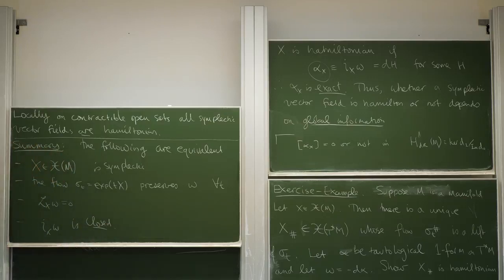So that's what we've now learned about symplectic vector fields. There's a bunch of equivalent definitions, and we further learned that symplectic vector fields are Hamilton on locally contractible open sets, but not necessarily globally.